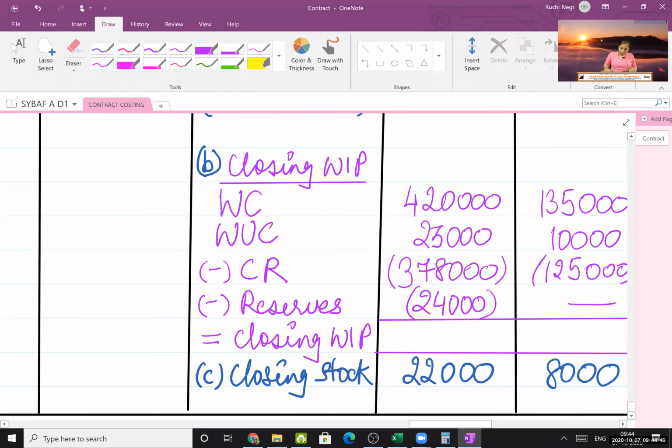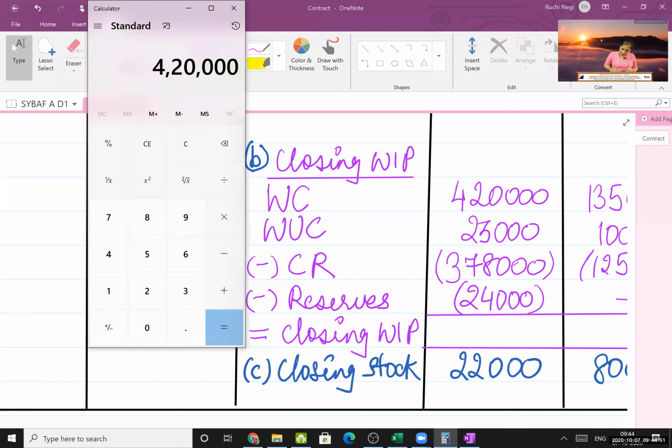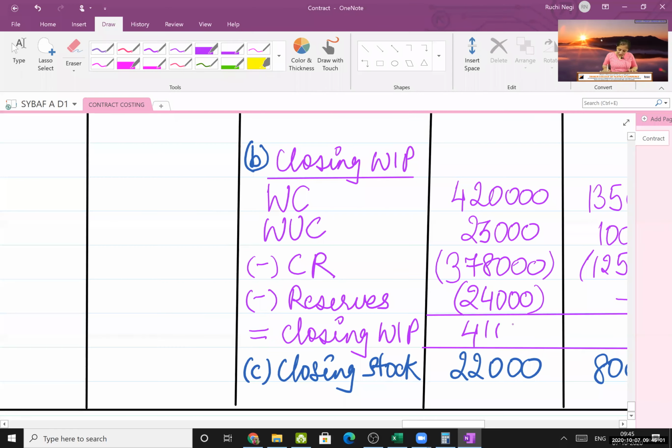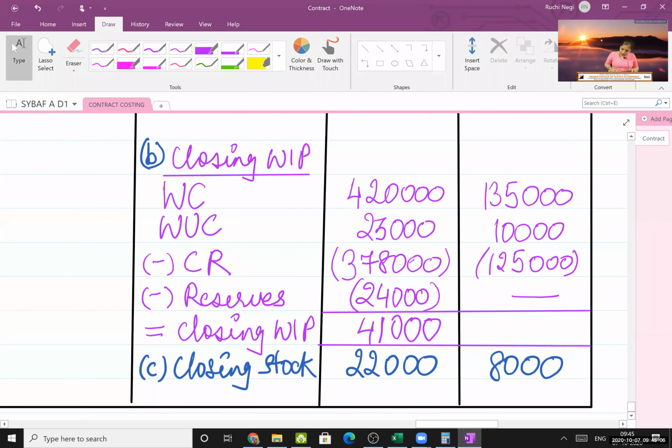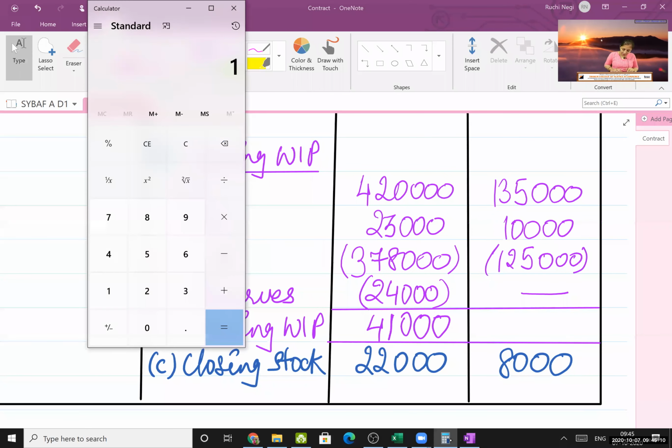Okay, solve this. 4,20,000 plus 23 minus 3,78,000 minus 24. 41,000. So right here, 41,000. Next, 1,35,000 plus 10 minus 1,25,000.